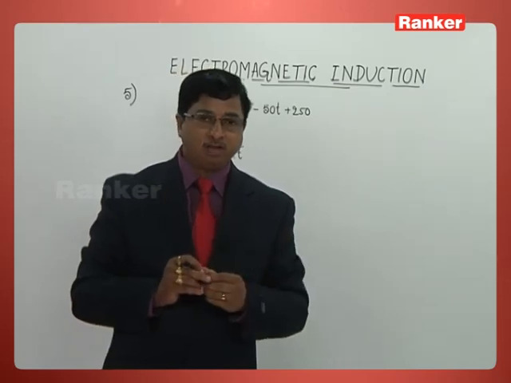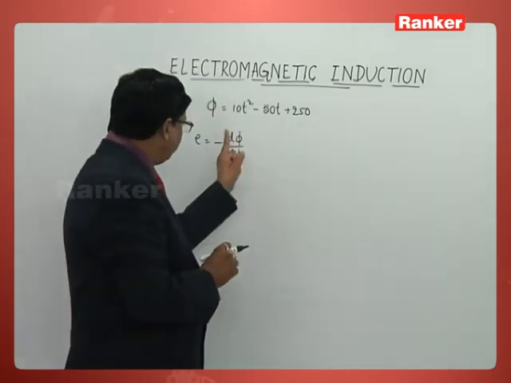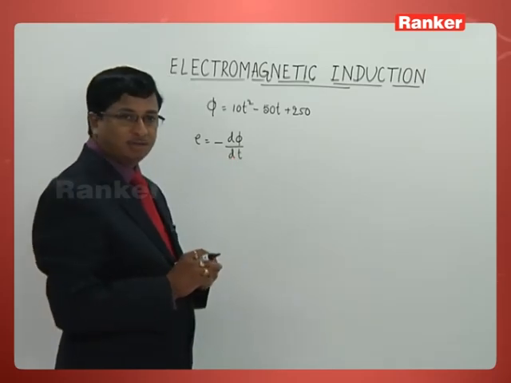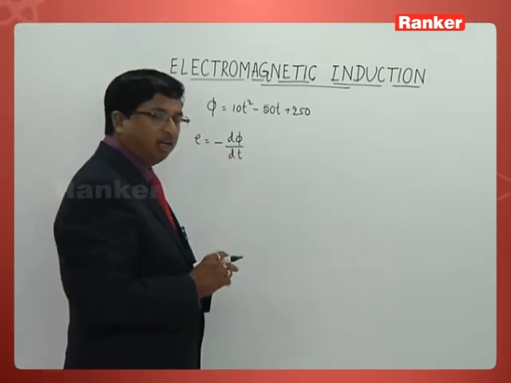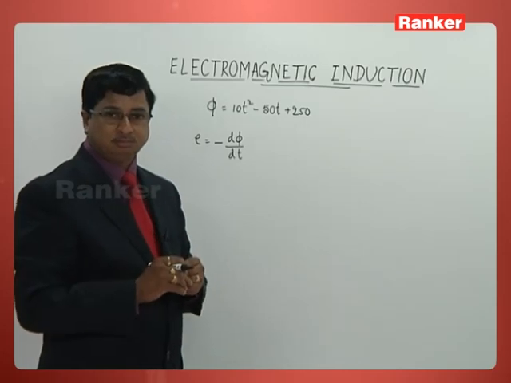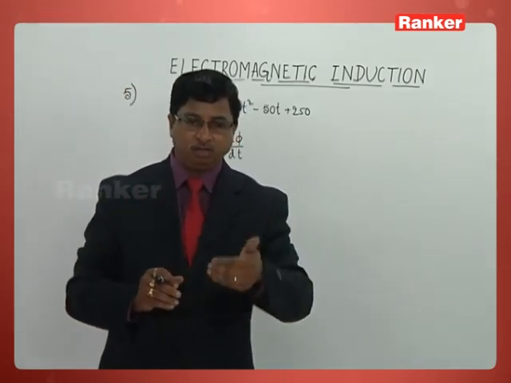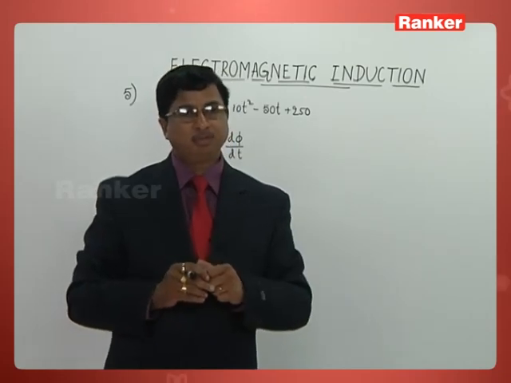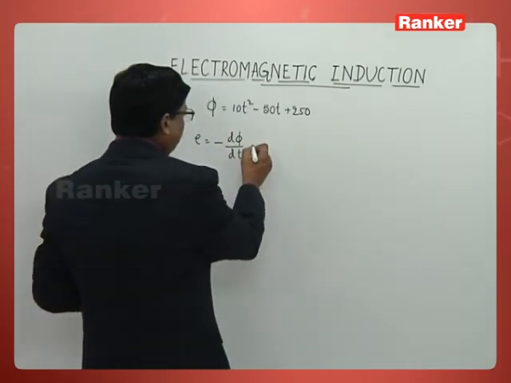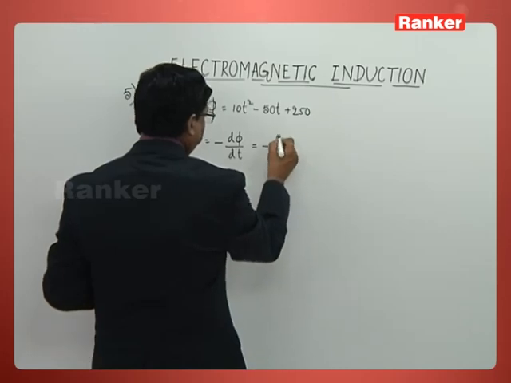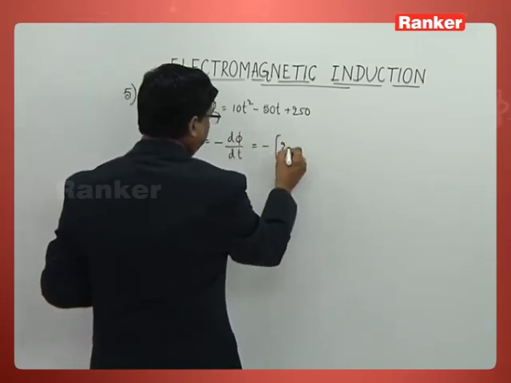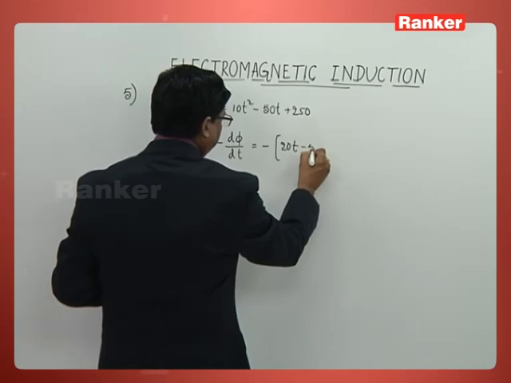So what should we understand here? Minus d phi by dt. Suppose I have not taken this negative sign, I may get a different answer than what is really needed. So you keep the negative sign. d phi by dt now becomes 20t minus 50.